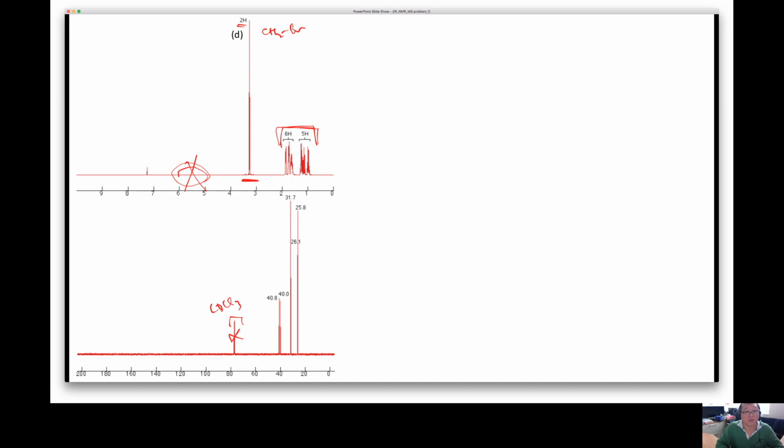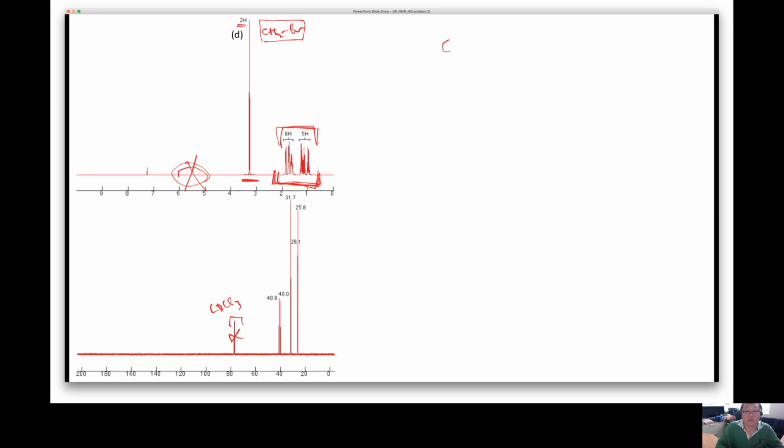How can you explain this type of messy, very aliphatic signal? Because it's very upfield, that means this is a very aliphatic chain, and this is the CH2 that comes out there. So let's find out. C7, what's the molecular formula again?